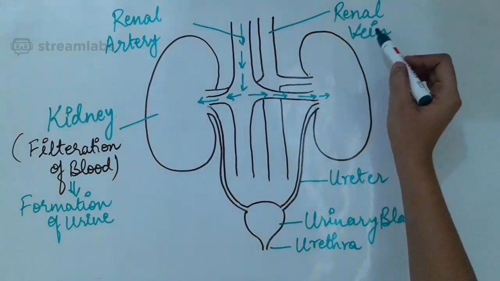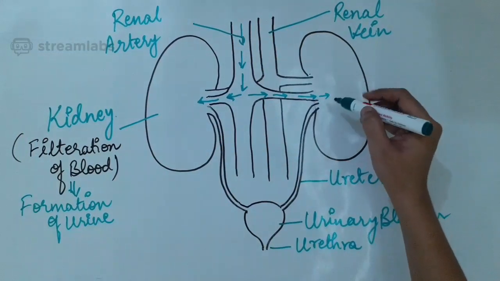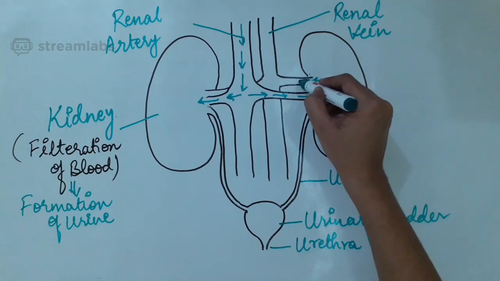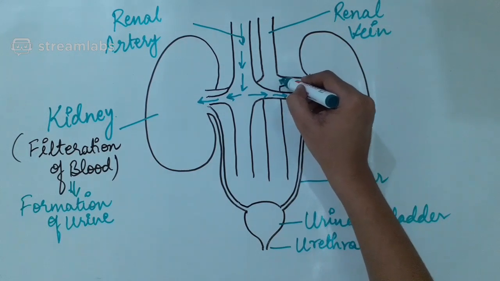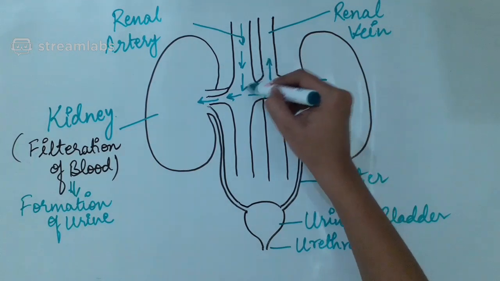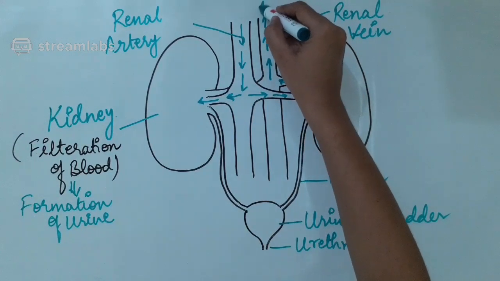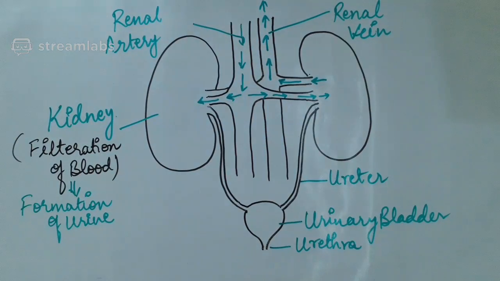And the renal vein after the filtration carries the pure blood or filtered blood in it from both the sides of the kidney to different organs of the body.